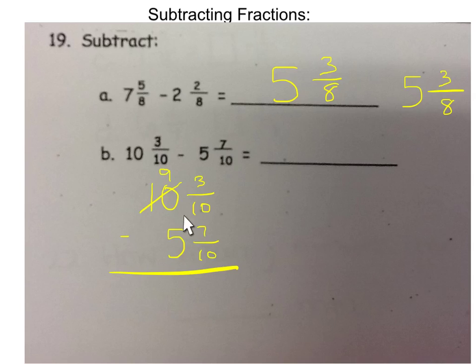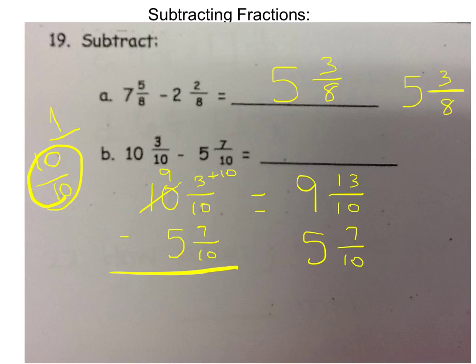Since our denominator here is tenths, I'm going to be adding 10, whatever my denominator is, to my numerator because 10 tenths is the same as 1. So my new equivalent fraction would be 9 and 13/10 minus 5 and 7/10.